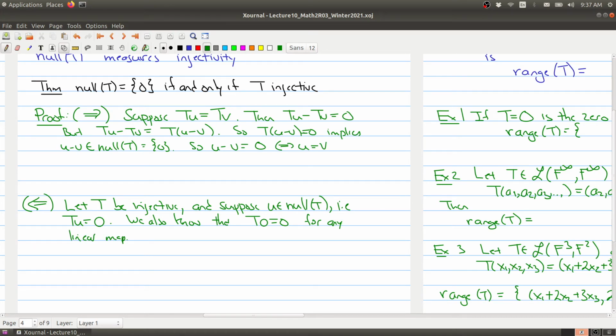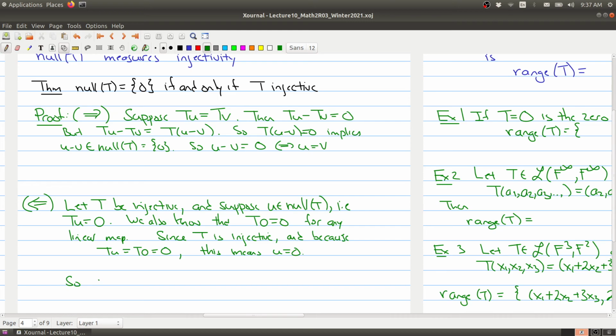So any linear map always sends 0 to 0. Now, since T is injective, and because Tu is equal to T0 and they both equal 0, this means that the vector u had to be the same as 0.